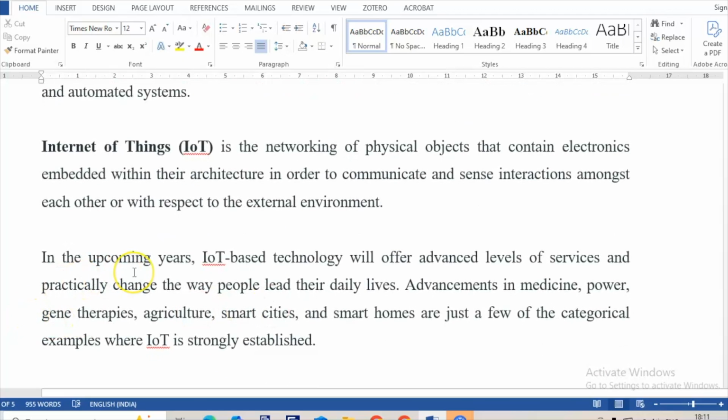In the upcoming years, IoT based technology will offer advanced levels of services and practically change the way people lead their daily lives. Advancement in medicines, powers, gene therapies, agriculture, smart cities, and smart homes are just a few of the categorical examples where IoT is strongly established.